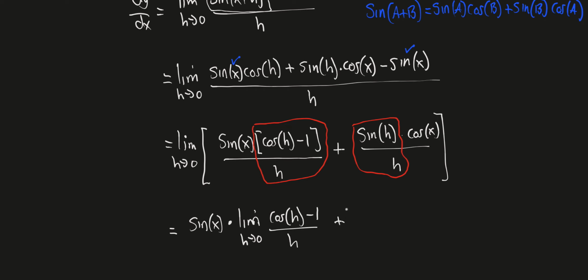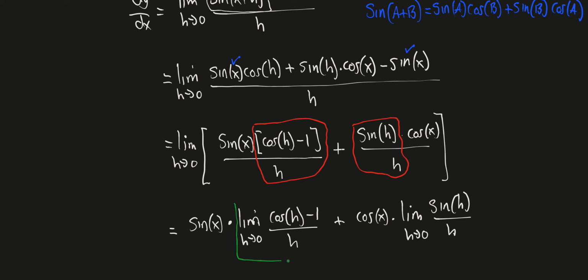And do the same thing. Again, this factor of cosine of x doesn't involve h, right? And so I can factor that out, and then I have the limit as h approaches 0 of the sine of h over h. And these are the two that we proved.